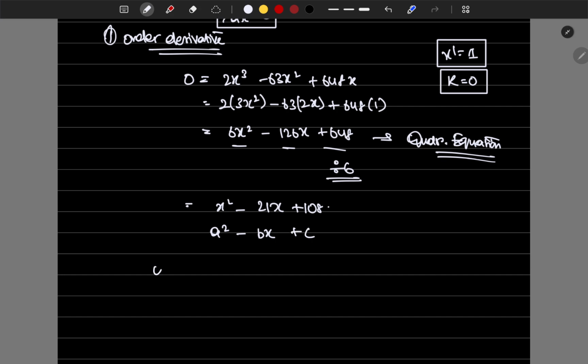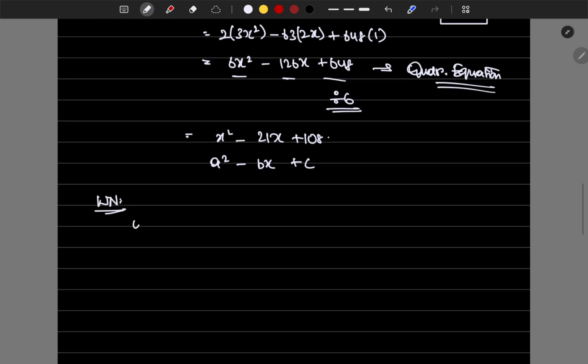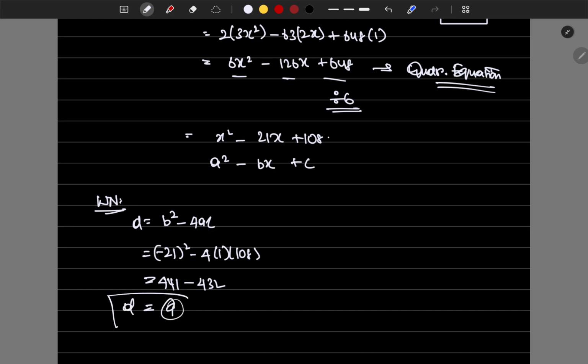What's the formula for the discriminant? b square minus 4ac. b is minus 21, minus 4, a is 1, c is 108. 4 into 108 is 432, so 9 is the discriminant value we got.